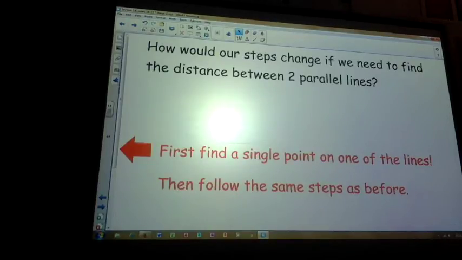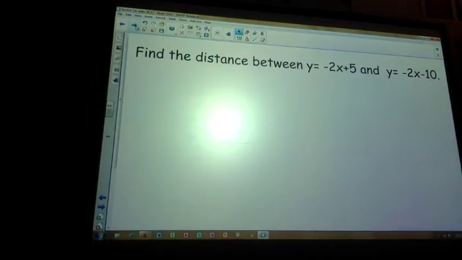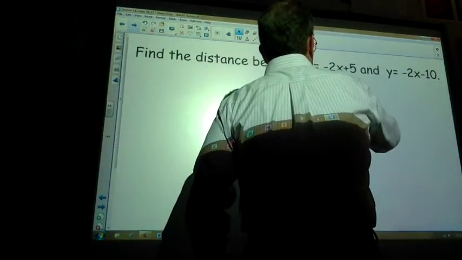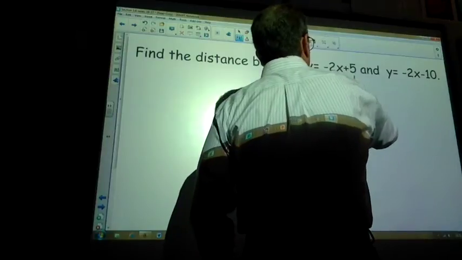Where's this at? Next to the last one. So find the distance between those. They're parallel, yes? Same slope? Now you're like, well, how am I supposed to find a point on the line? Let's pick this equation here. Let's plug 0 in for x.